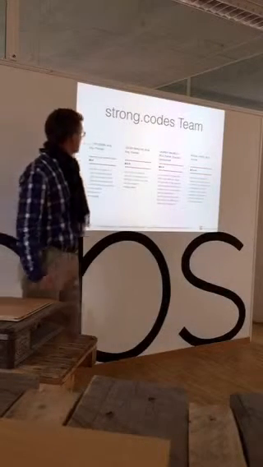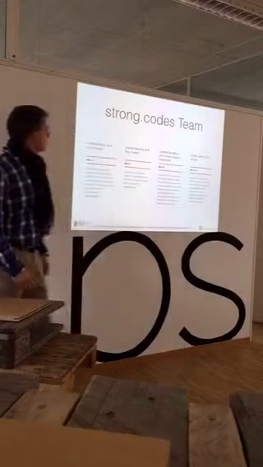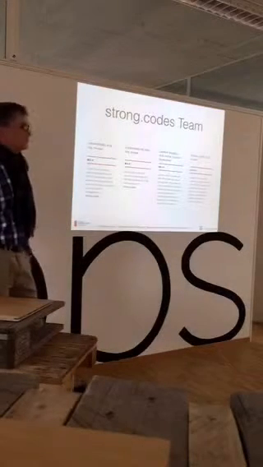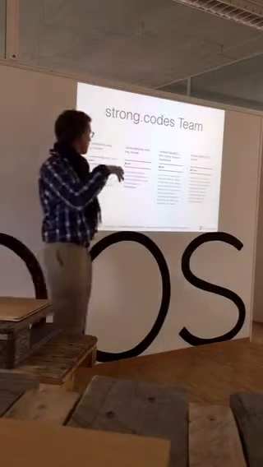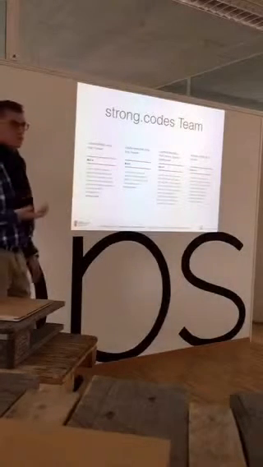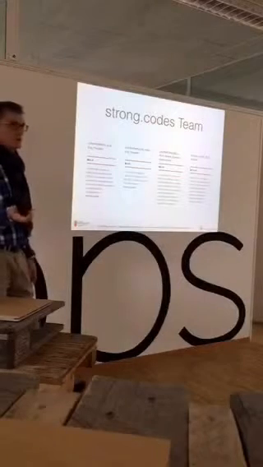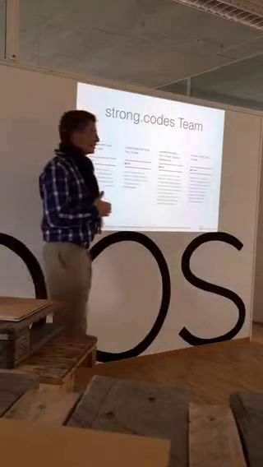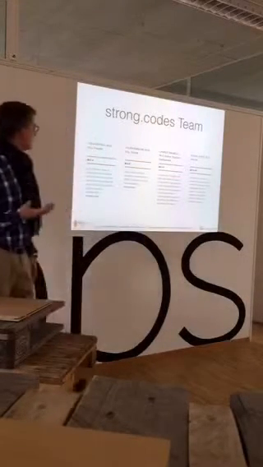Strong Codes: we have worked on the technology for almost 5 years, but we decided to found the Strong Codes startup only at the beginning of this year, and we are 4 people now.